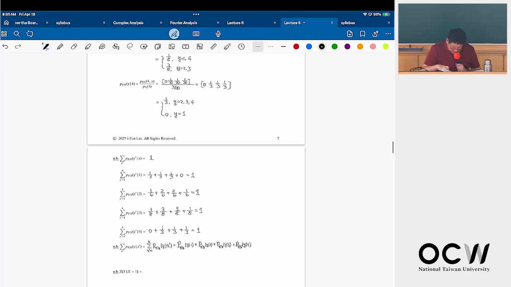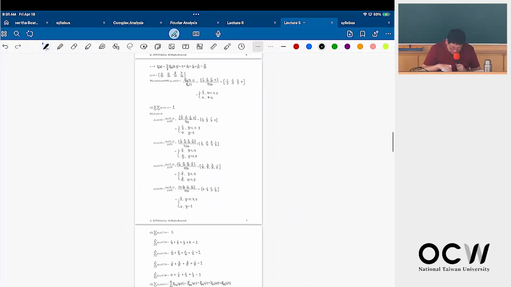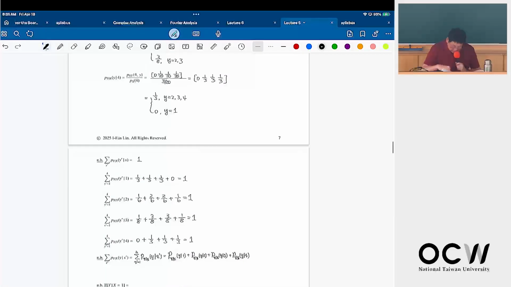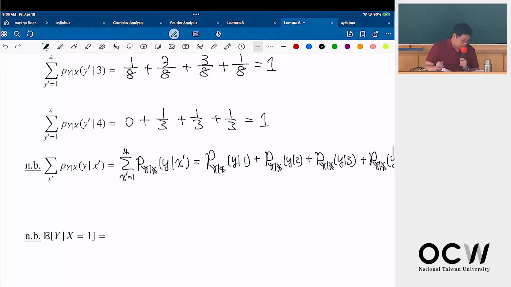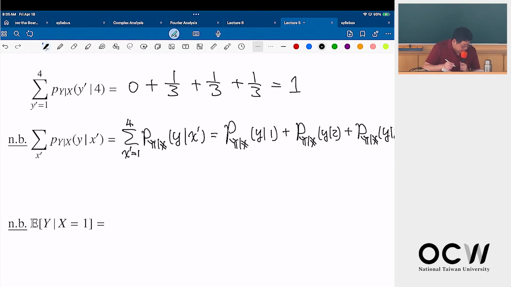Let's go back. Okay. So now let's find the conditional expectation of y given x, and x equals 1. That means I consider all possible outcomes y, that is y from 1 to 4.